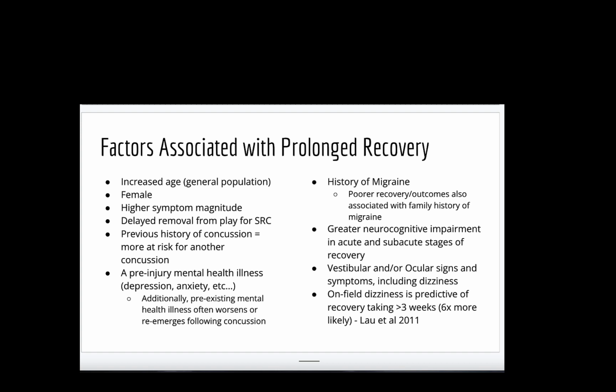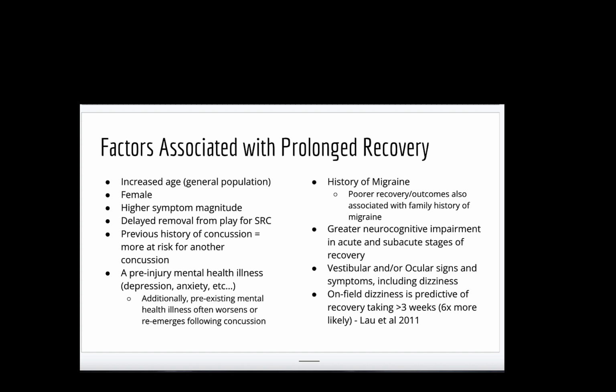If you're in the general population and your age is starting to increase, a lot of the research is showing that they're the ones that are most likely going to have a prolonged recovery. Or said differently, all the factors that are listed on here are factors that might increase somebody's risk of developing post-concussion syndrome 2, 3, 4 weeks, even longer down the road, still managing concussion symptoms instead of having that nice 1 to 2 week recovery process.